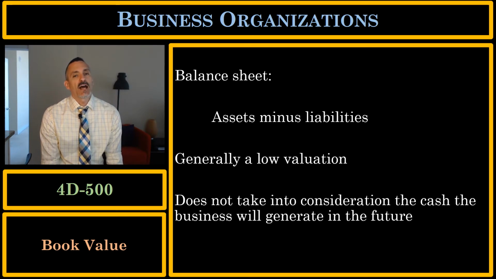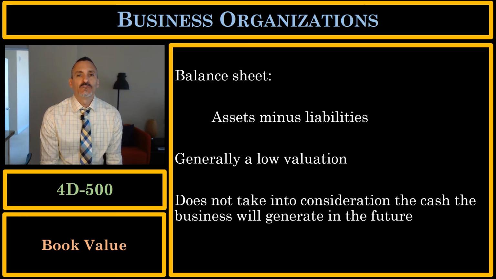So imagine I have a company that has $1 million in assets and $600,000 in liabilities. What is the book value of that company? Well, $1 million in assets minus $600,000 in liabilities, that's a company worth $400,000 book value. But what if I told you that this company had cash flows of $200,000 per year, right?